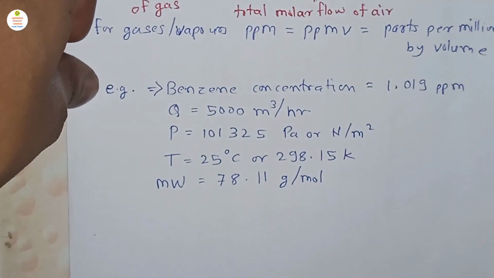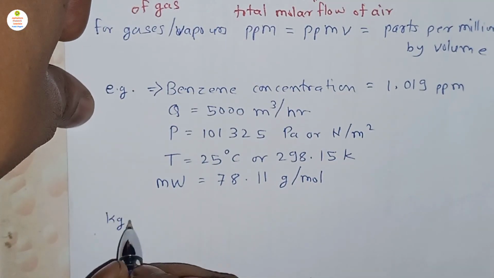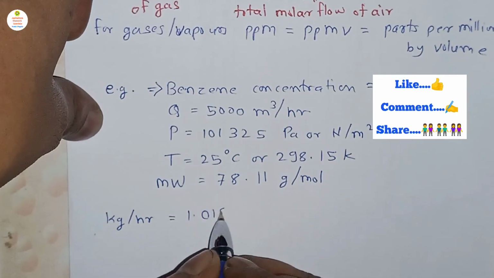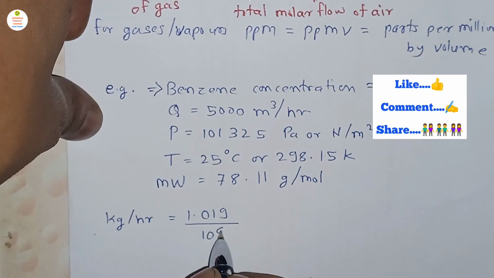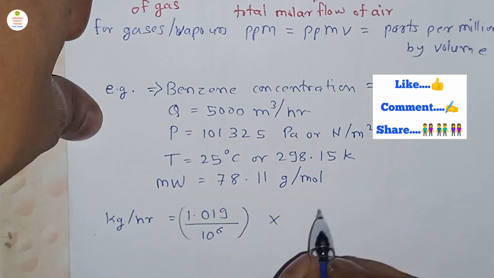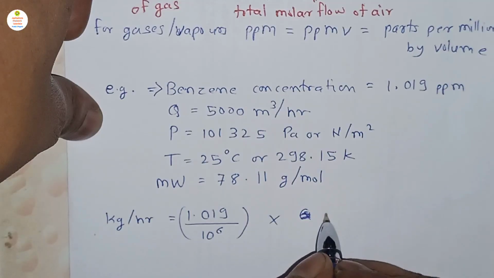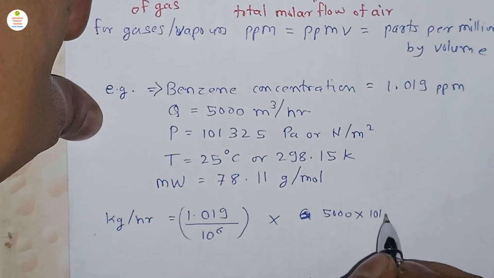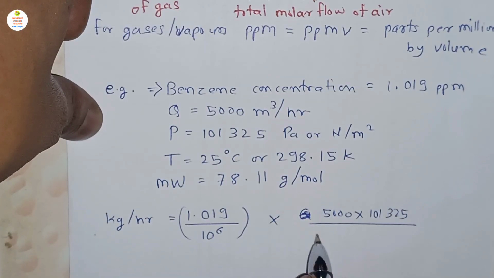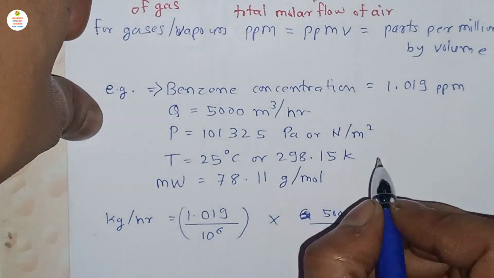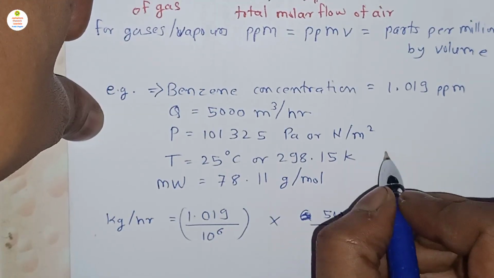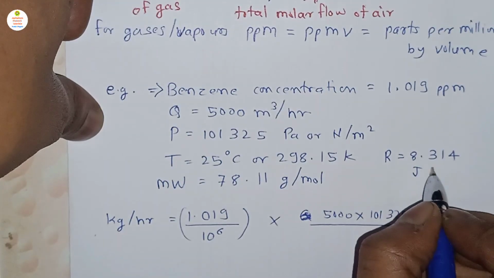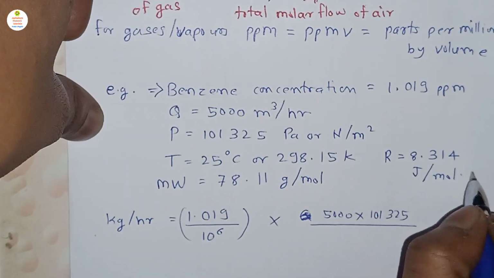So here now I am putting the values. kg per hour is equal to ppm, we have 1.019 ppm divided by 10 raised to 6, into Q, Q is 5000, into P is 101325 upon R. The value of the ideal gas constant, I am writing down, R is equal to 8.314 joule per mole Kelvin.